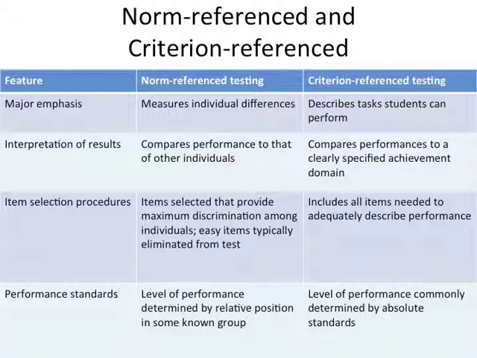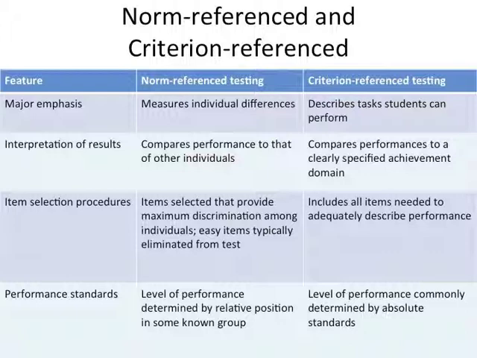And essentially, you're going to either compare students to each other or to a group, a normed group, or the average of a group. That's norm referenced. And criterion referenced is comparing students to a set standard. So they need to pass at 80%, or they need to correctly answer 8 of the 10 questions.